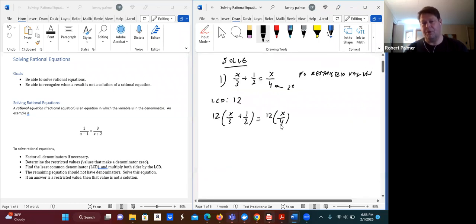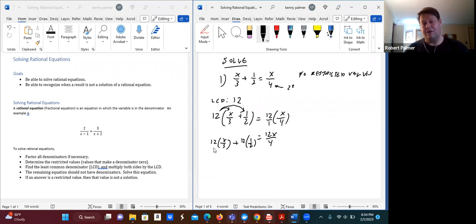I'll go to the right side first and multiply across. This is going to be 12x over 4, which will reduce. On the left, distribute the 12 to both terms: 12 times x over 3, plus 12 times 1/2.